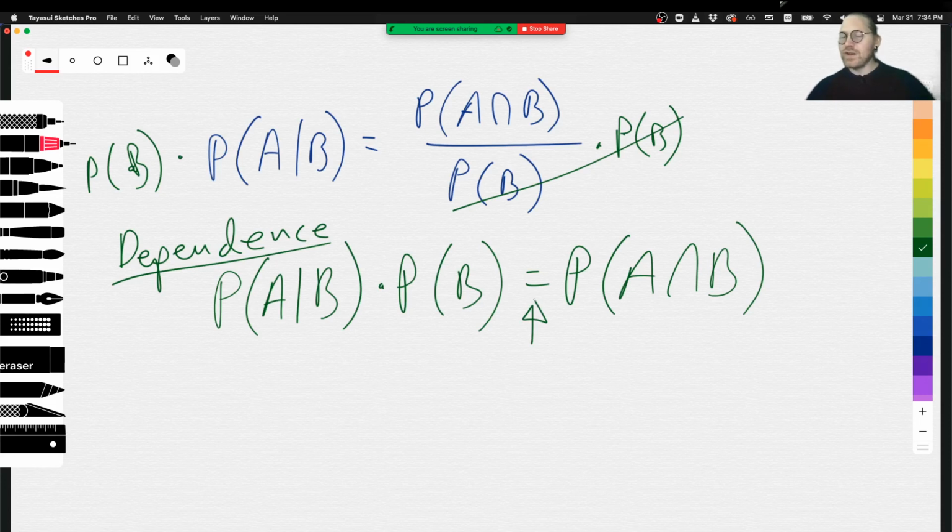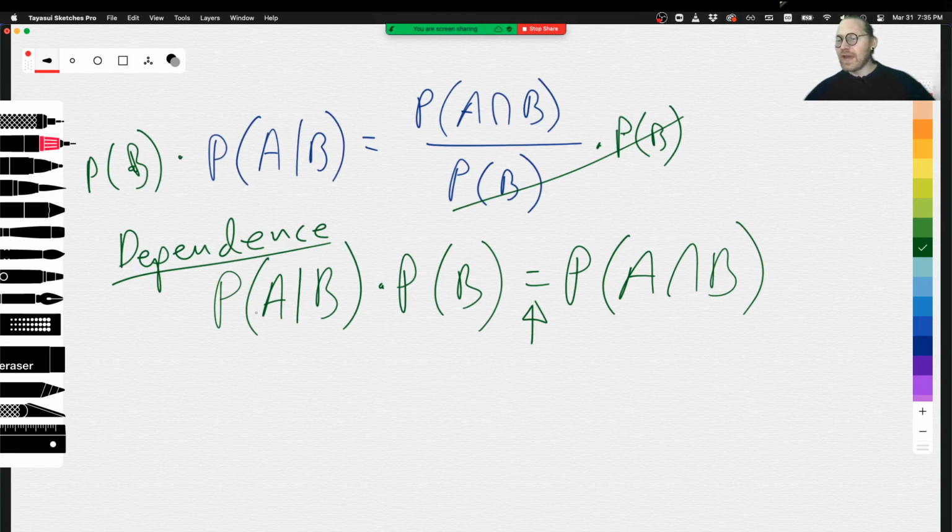And here's maybe a kind of wild thing. We can think about this also in terms of independence.